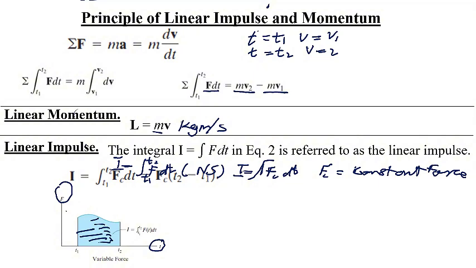Here, the force is not constant. A constant force creates a shaded rectangular area, as shown here. You can see that the force is constant from t1 to t2.